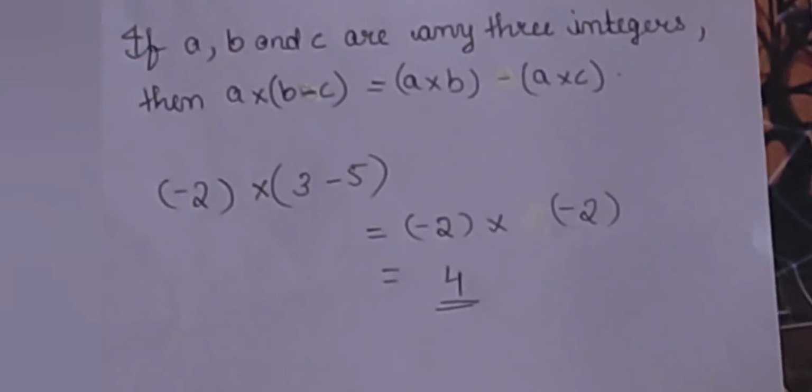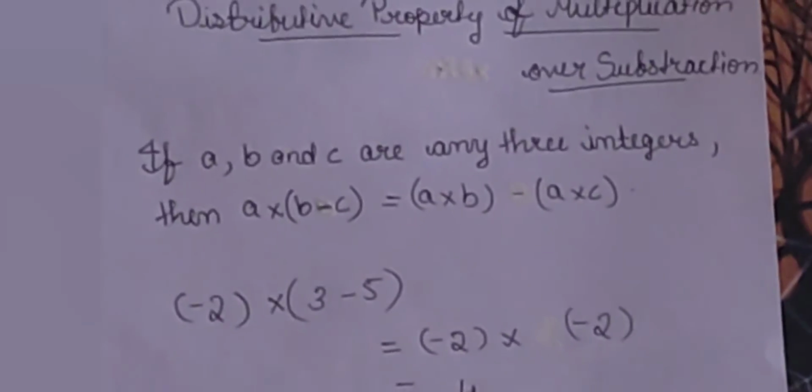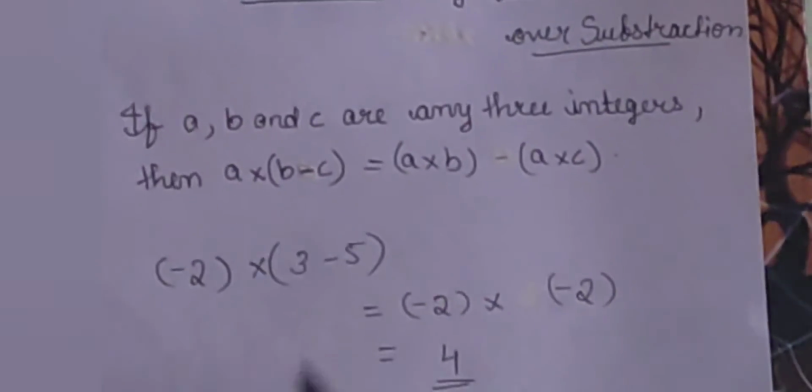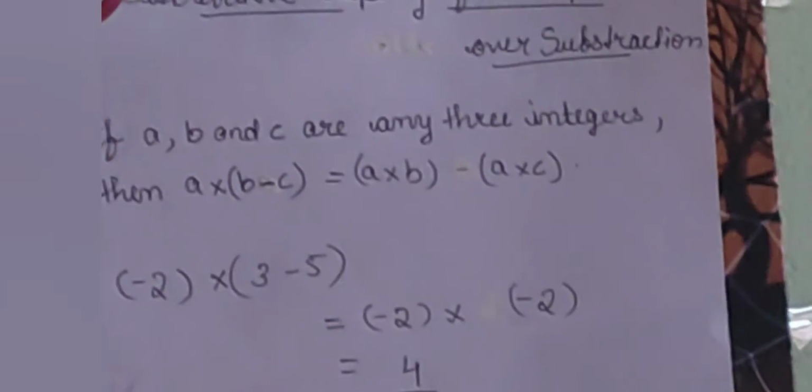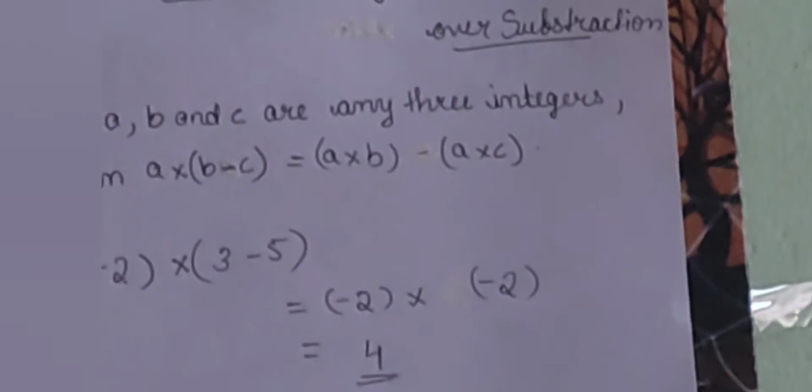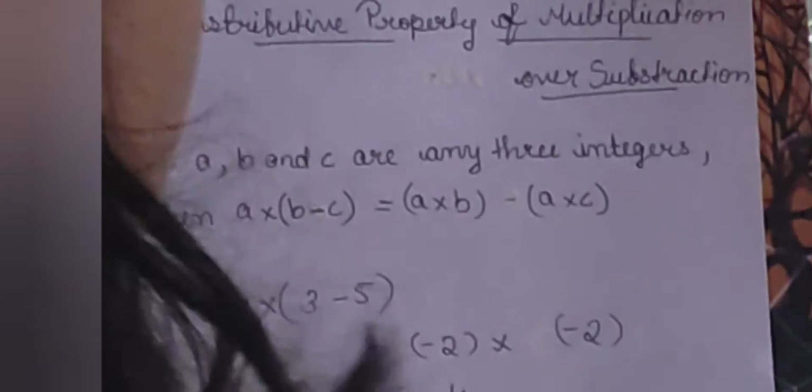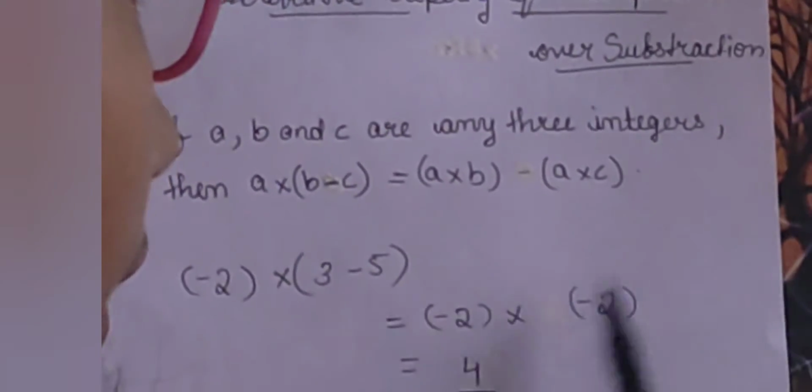So you have to change the sign and do addition. 3 plus minus 5. Here we have one positive and one negative, so we have to subtract it, and the answer is negative 2, is equal to 2 into 2, 4.